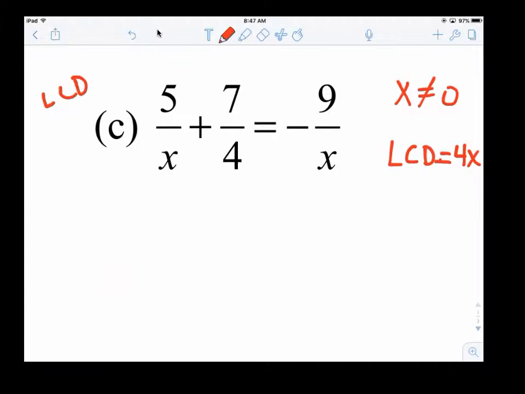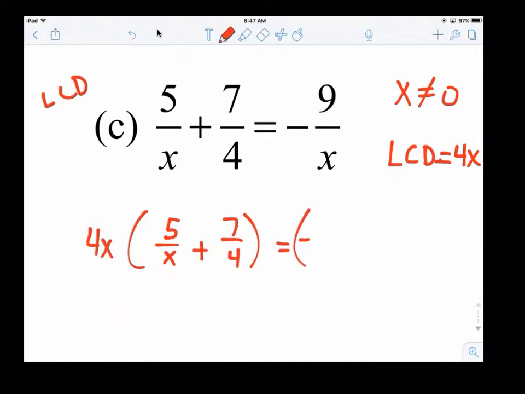So you're going to multiply this side by 4x and the right side by 4x. So we got 4x times 5 over x plus 7 over 4 equals negative 9 over x times 4x.